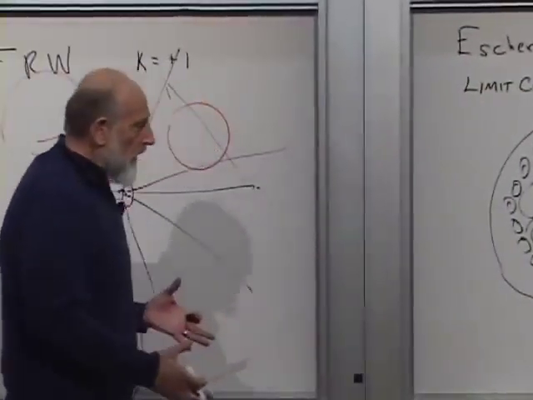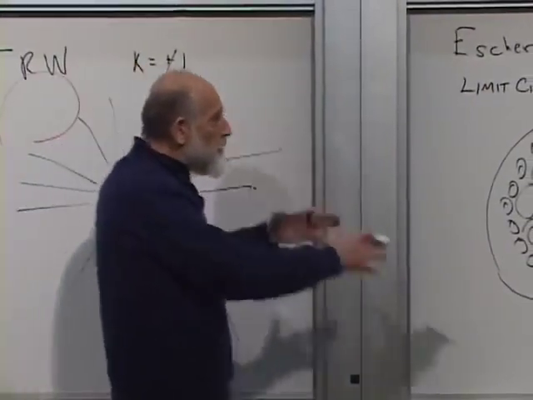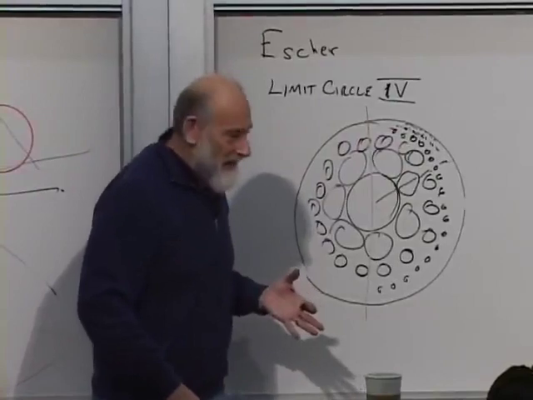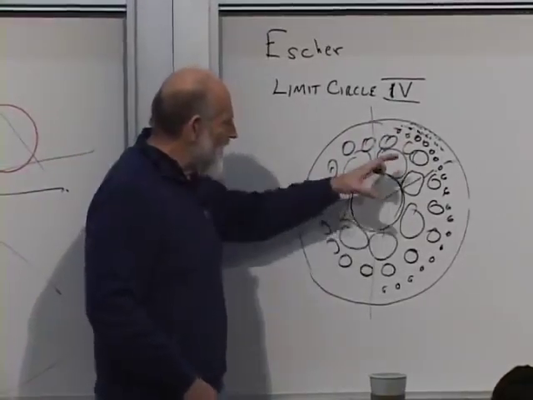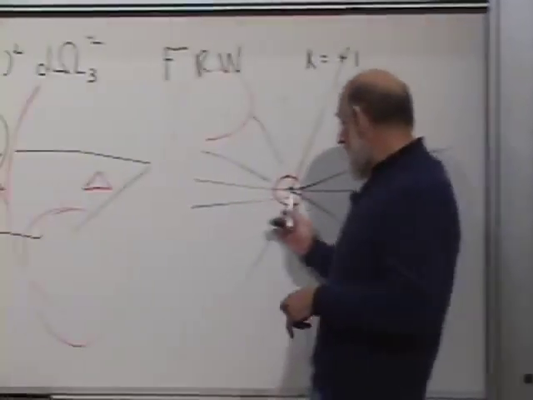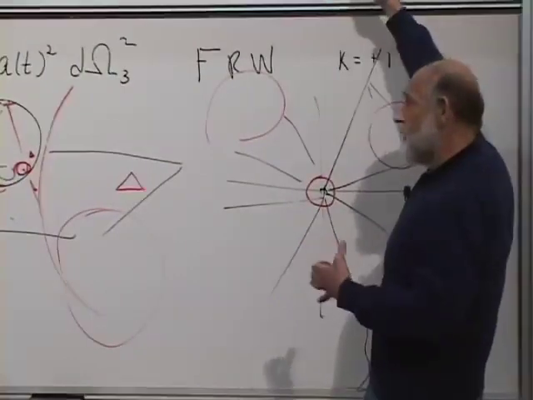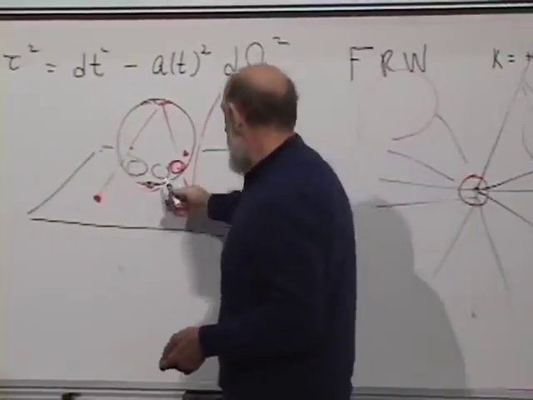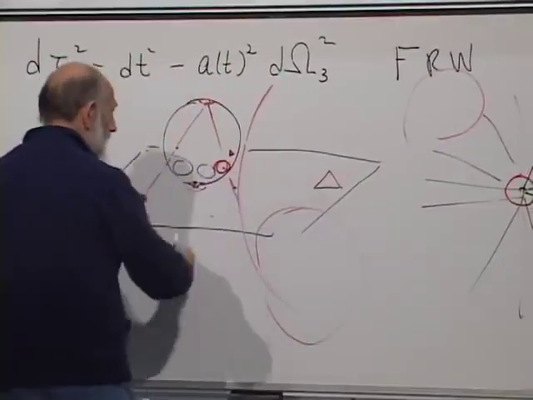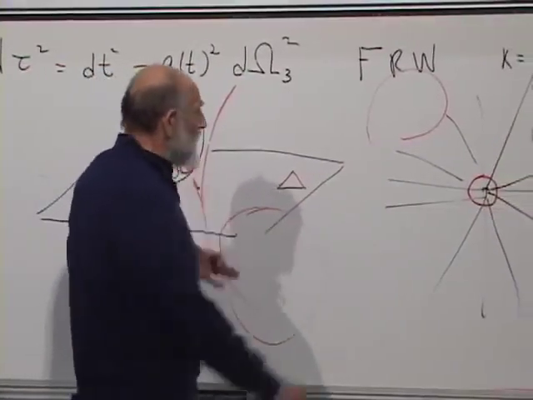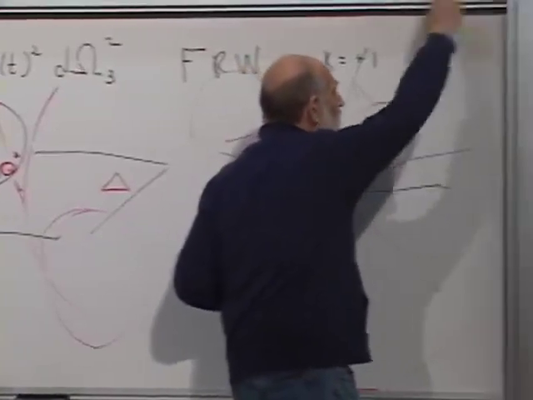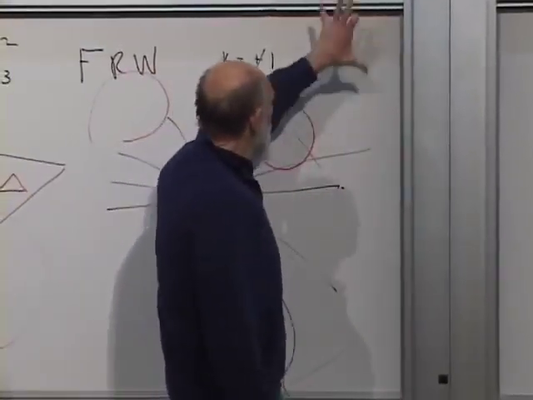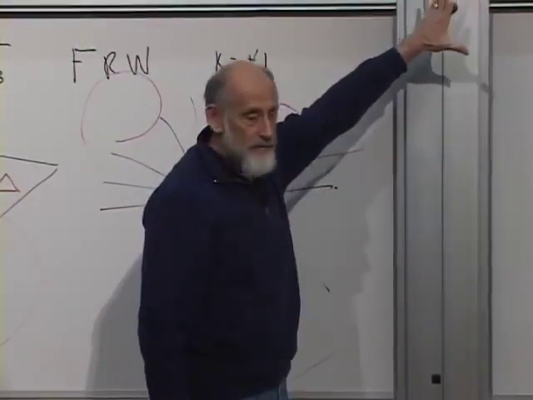So the distance to the boundary, although in this picture it looks like the distance to the boundary is finite, whereas in this picture it looks like the distance to the boundary or the North Pole is infinite, it's really quite the opposite. Really, the North Pole is not very far here. In fact, if you counted continents, because they get bigger and bigger, you would pass a finite number of continents before you got out to infinity.